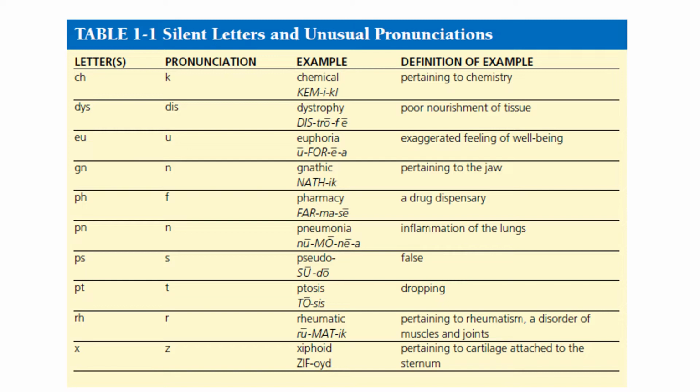However, if ptosis is used as a suffix, and the end of the root word or combining form is a vowel, we must pronounce the letter P, as in nephroptosis. Nephro means kidney, ptosis means dropping.